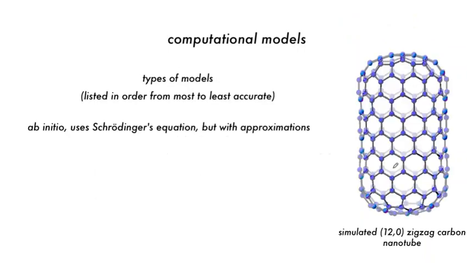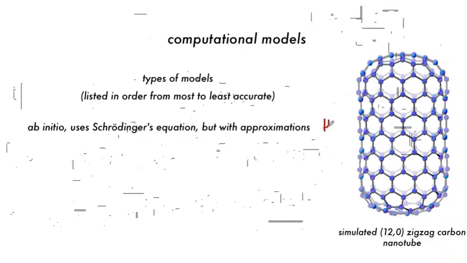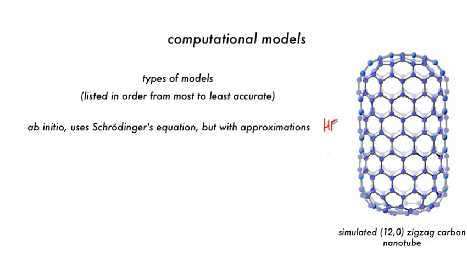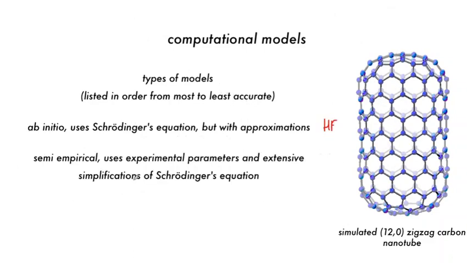So, types of models. Ab initio uses Schrodinger's equation, but with approximations. Hartree-Fock falls under this category. Semi-empirical uses experimental parameters and extensive simplifications of Schrodinger's equation. That's like MP2. And molecular mechanics does not use Schrodinger's equation at all. This is going into your molecular dynamics, which uses more classical dynamics to understand the movement of the particles.